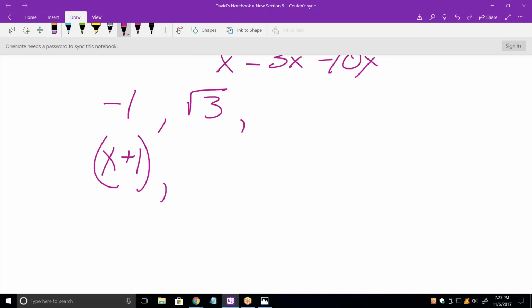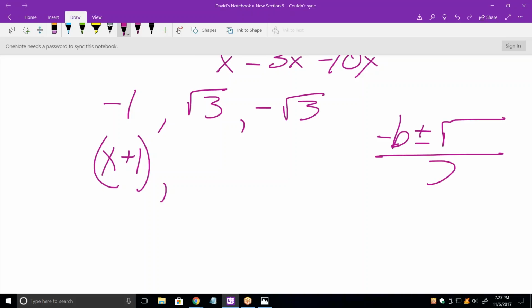In other words, irrational zeros are like imaginary solutions. They come in pairs. So if I have a plus root 3, I've got to have a minus. The way to remember that is if you think of the quadratic formula, it's minus b plus or minus the square root of something over 2a.